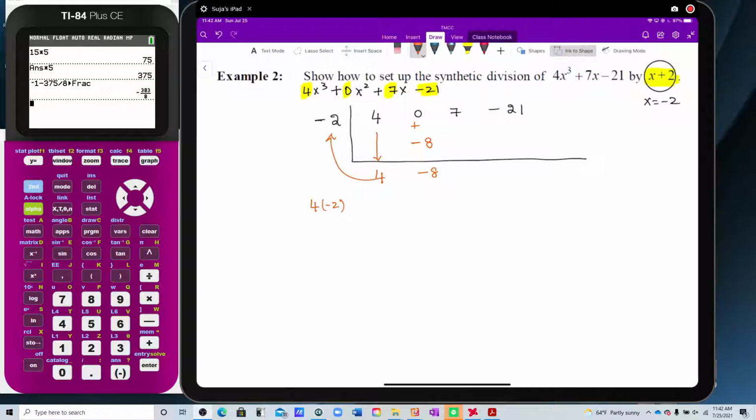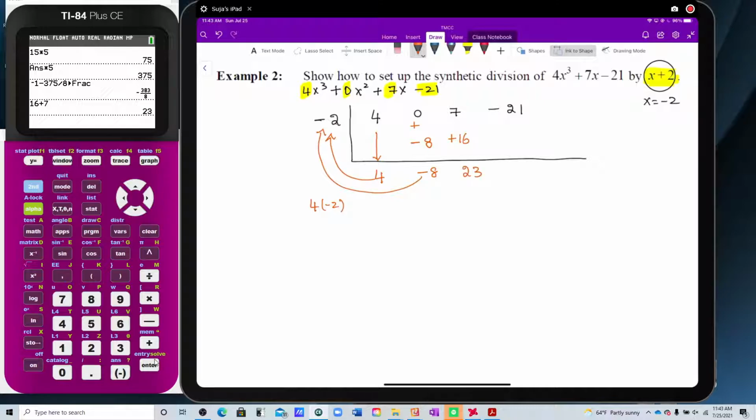Now repeat the same process. Negative 8 times negative 2 is positive 16, right? And then I go 16 plus 7, which is 23.